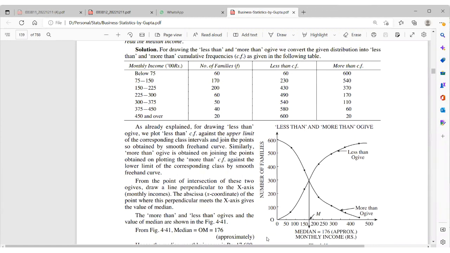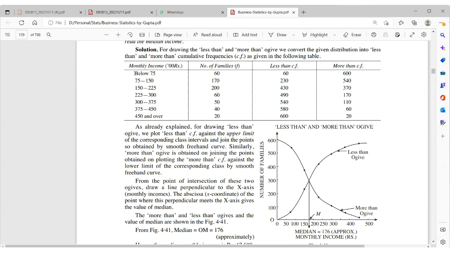Here, all having a difference of 75, we assume the lower limit of the first class is 0 to 75. The last class is 450 and over, so we add 75 to 450, which comes to 525, and assume that as the upper limit.